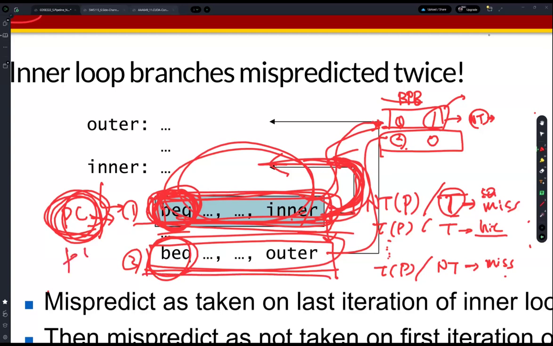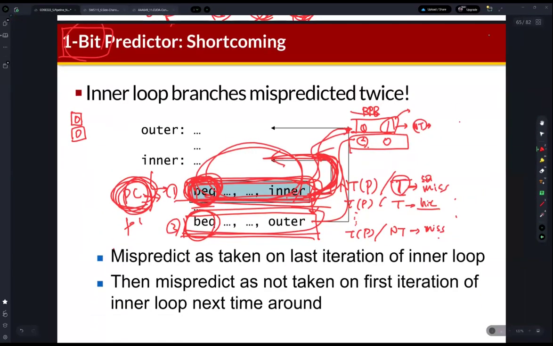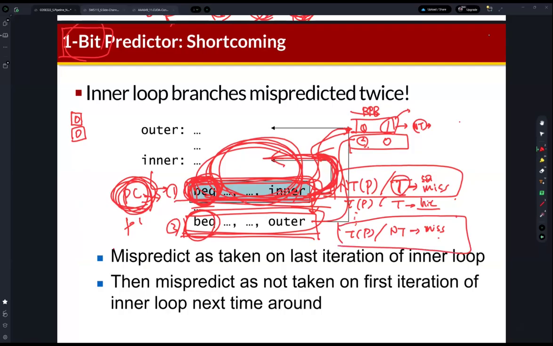And then the outer loop will be checked by this entry, entry number 2, by the PC of the branch instruction. So what is the shortcoming? What is the disadvantage of a 1-bit predictor? The inner loop will be repeated again and again, right? But for the first iteration of this inner loop, and for the last iteration of the inner loop, the 1-bit predictor always misses the predicted value.